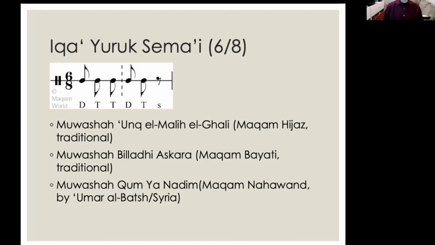The spoken form of the Iqaa prototype is dum tak tak dum tak s, dum tak tak dum tak s, and then we can insert ornaments between the first two taks and it can sound like dum tak dum tak dum tak dum tak. I'll demonstrate it on the riq.